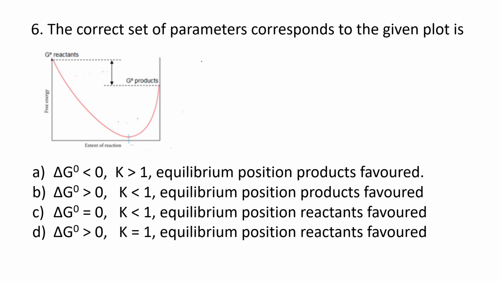Now here we know that delta G0, the standard free energy change of the reaction, is equal to the free energy of formation of the product minus the standard free energy of the reactant.